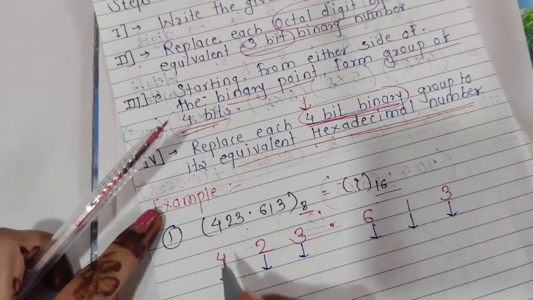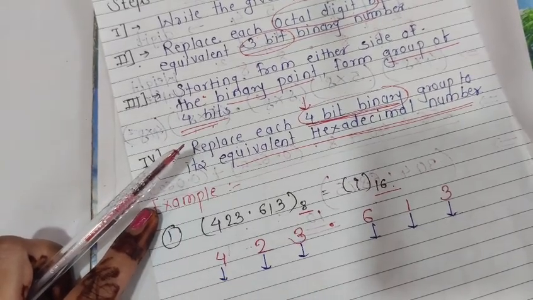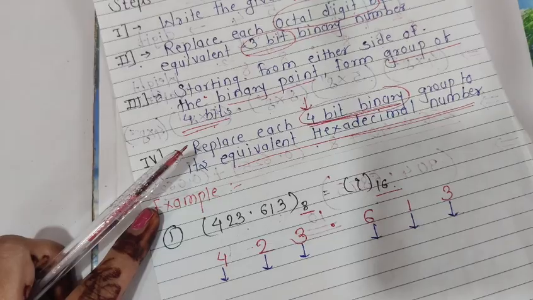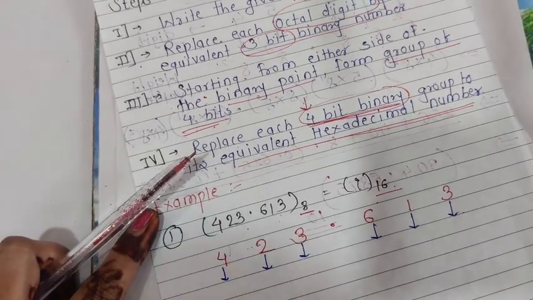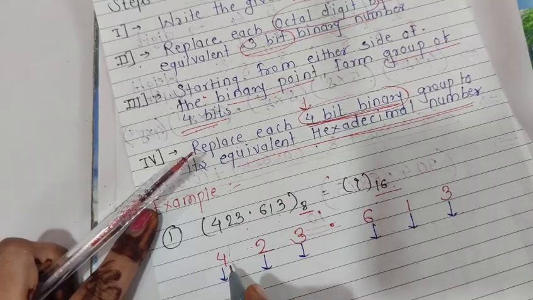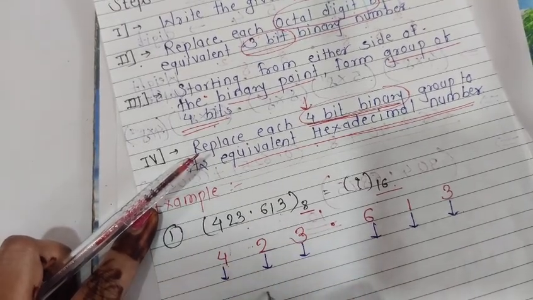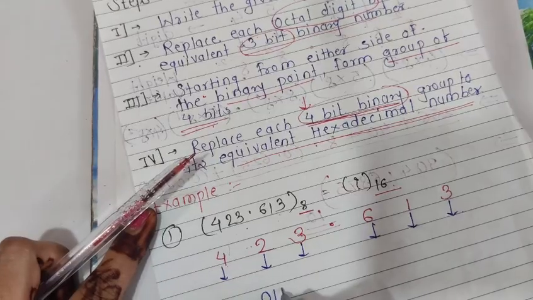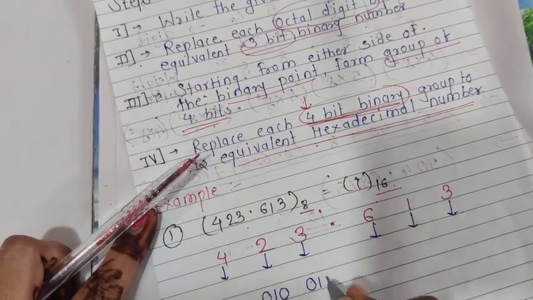So what is the 3-bit binary for 4? It is 100. Correct? For 2, it is 010. For 3, the 3-bit binary is 011.